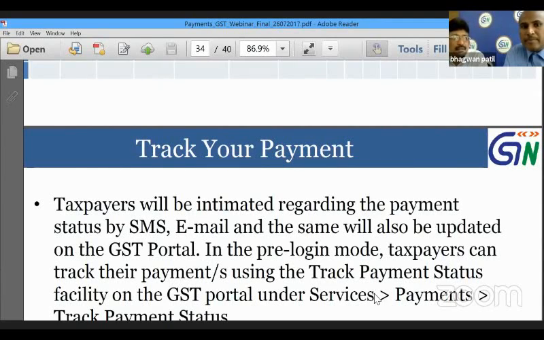In that case, in the e-scroll, that amount will be shown as CPIN mismatch, and due to CPIN mismatch, GSTN will not be able to update your electronic cash ledger. When the CPIN mismatch discrepancy is removed, only then your cash ledger will be updated and you will be able to utilize your amount. Otherwise, you will not be able to utilize that amount.